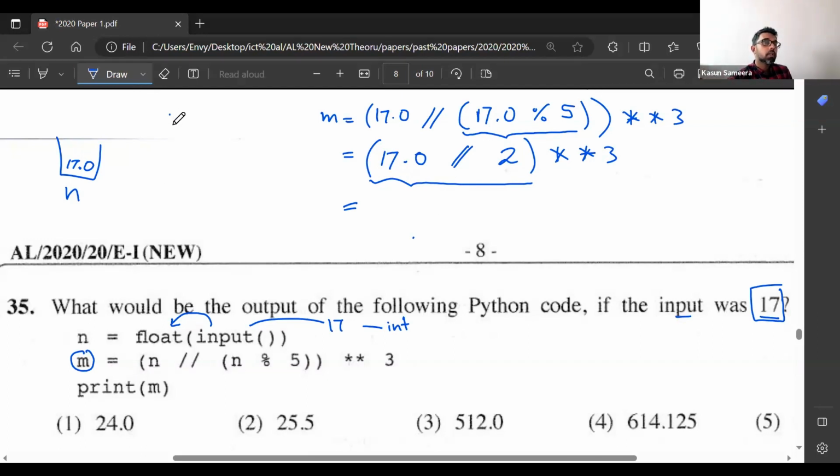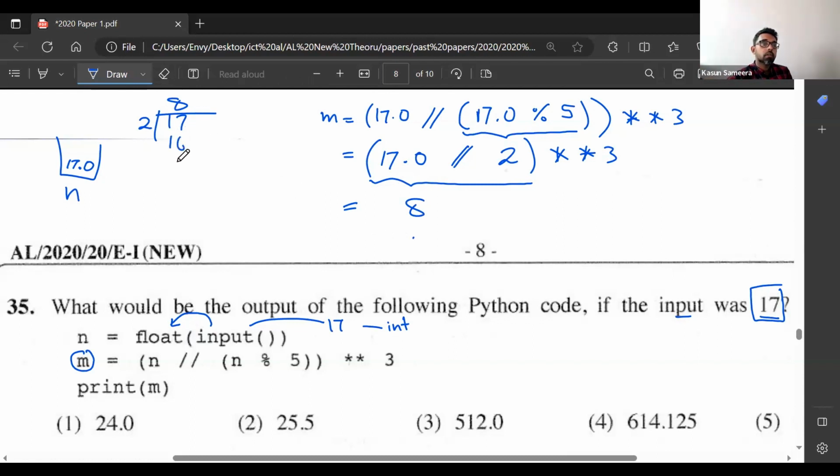When you divide 17 by 2, what will the answer be? It will be 8 point something, right? The actual division answer will be 8 point something. We avoid the numbers after the decimal point. We take only the whole number, integer number, 8. That's the answer. Okay, 8 will be the answer.